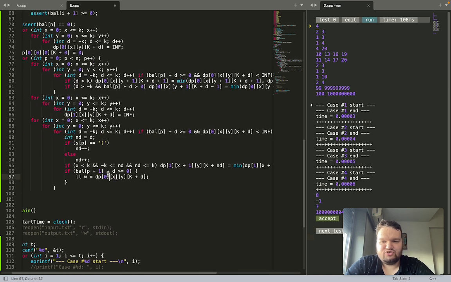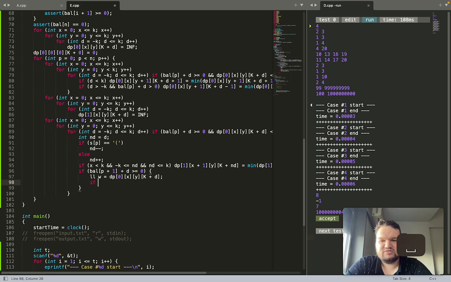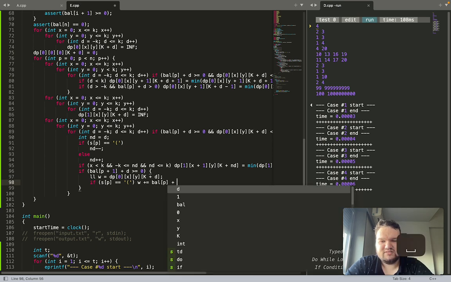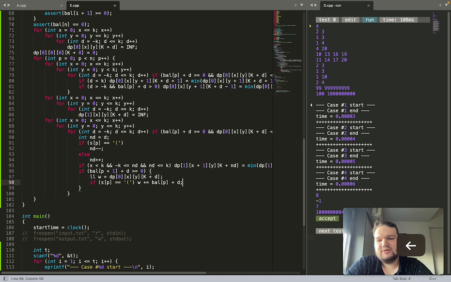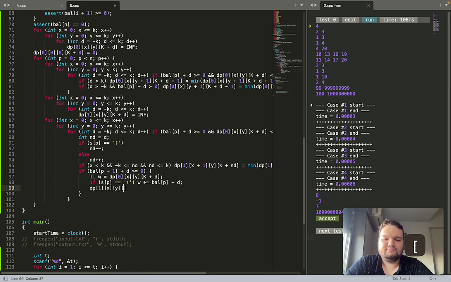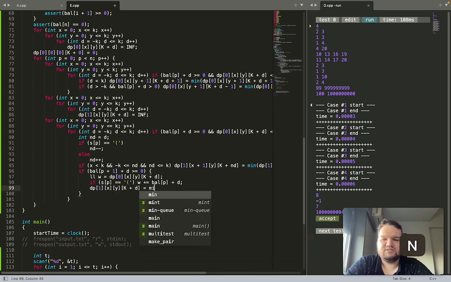It will not change x, y, or d, but it might change the cost. So if this is an opening bracket, then we should increase the cost by current balance, which is this value, and update dp.